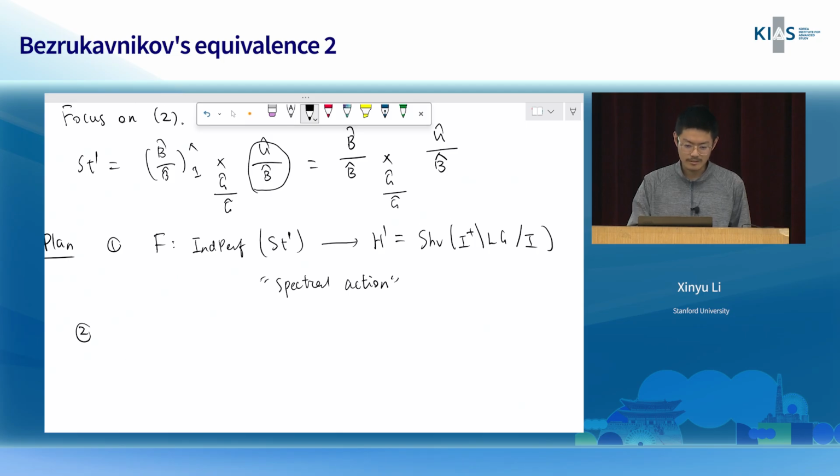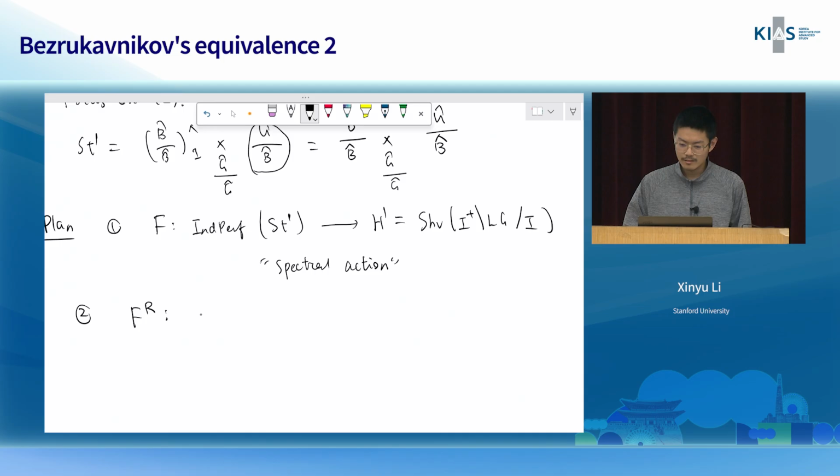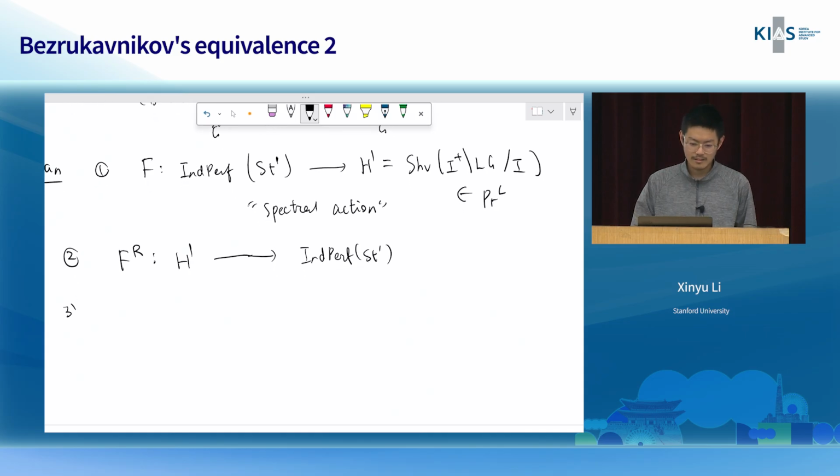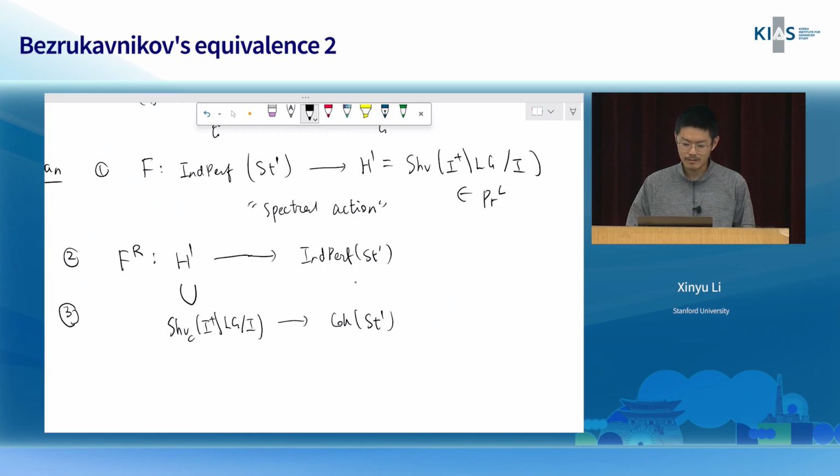Then I pass to the right adjoint to get a functor from the automorphic side to the spectral side. Well, since these are inside so-called PRL, they automatically have right adjoint. And thirdly, Bezrukavnikov proved that when you restrict to compact objects here, they are precisely constructible sheaves here. Then this functor F^R factors through coherent sheaves inside ind-perfect complexes.